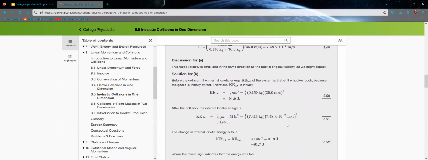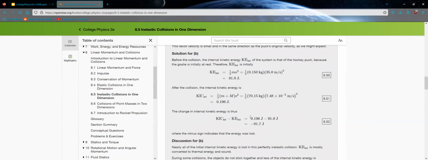So what is my kinetic energy transfer? Well, this recoil velocity is small in the same direction as the puck's initial velocity, as we might expect, right? So before the collision, we did have a total kinetic energy only of the puck because the goalie's kinetic energy was 0, because he's not moving. We have a kinetic energy of the puck of 91.9 joules.